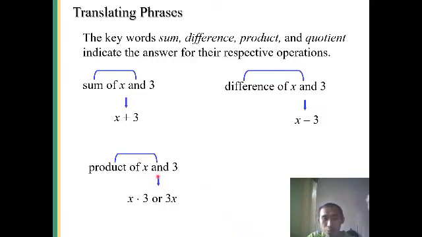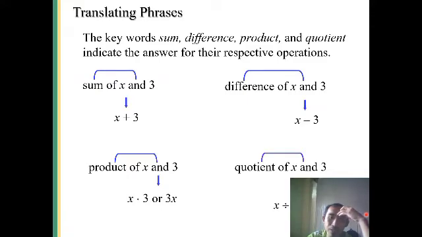As we observe, we need to put the number before the variable. Even this one, we can say is a commutative property already. Okay, quotient of x and 3. Of course, x divided by 3.